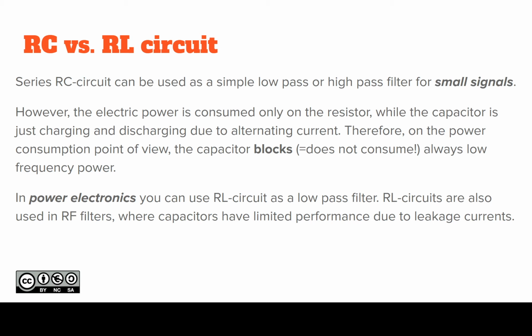In power electronics, if you want to actually have some lower frequency currents through a resistor and still have either low pass or high pass filter, then you can use an RL circuit as a low pass filter. Actually, in power electronics, the RL circuits are used a lot.